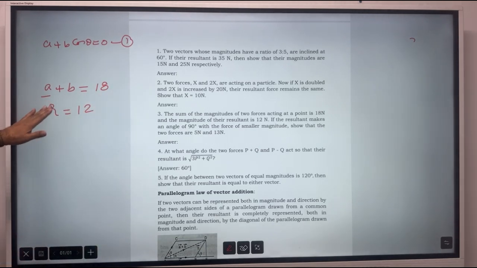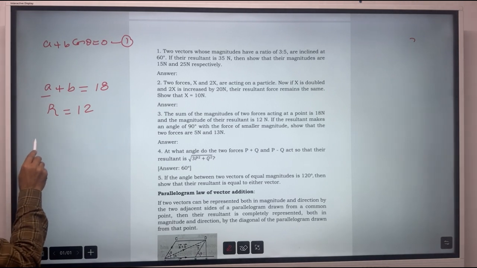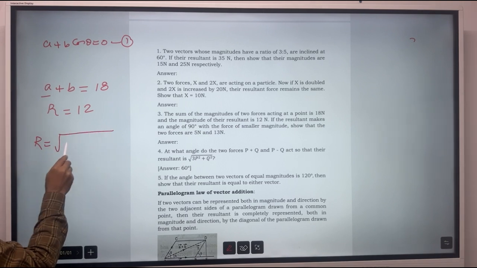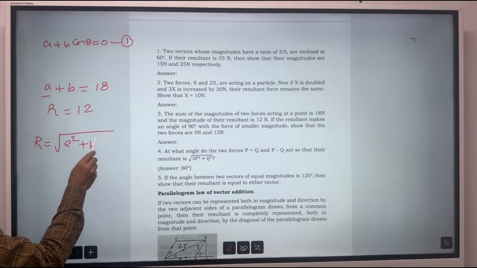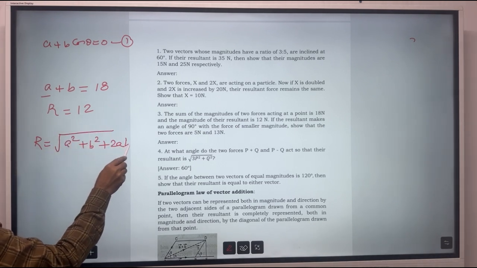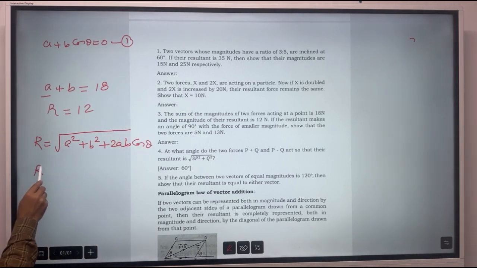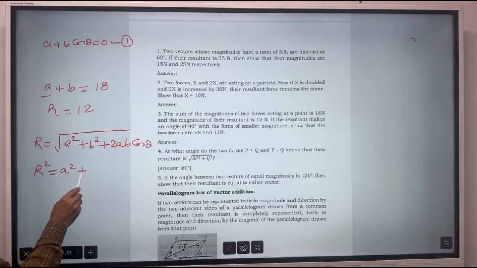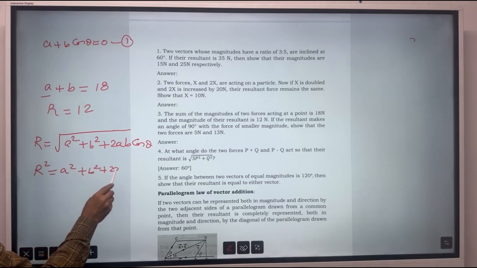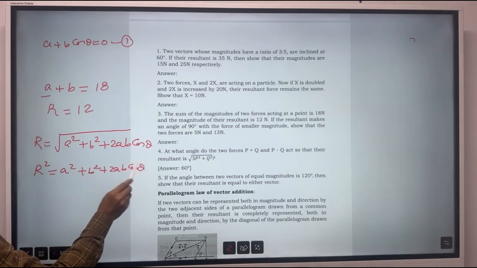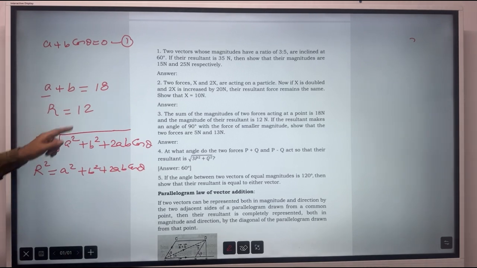Now we use the concept of resultant. So R will be equal to root of A square plus B square plus 2AB cos theta, or we can write R square equal to A square plus B square plus 2AB cos theta. Now R is given as 12, so this will become 144.